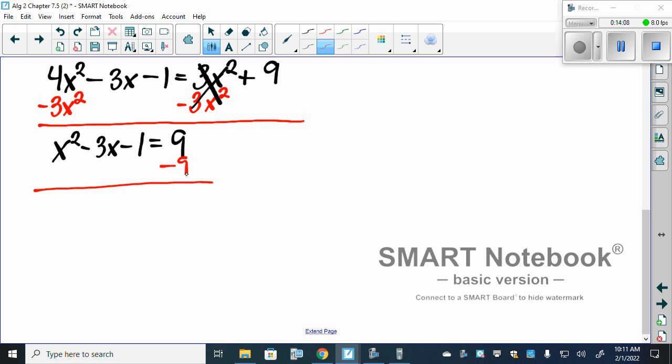Then we can subtract the 9 from both sides, which will tell us that we have x squared minus 3x minus 10 is equal to 0.